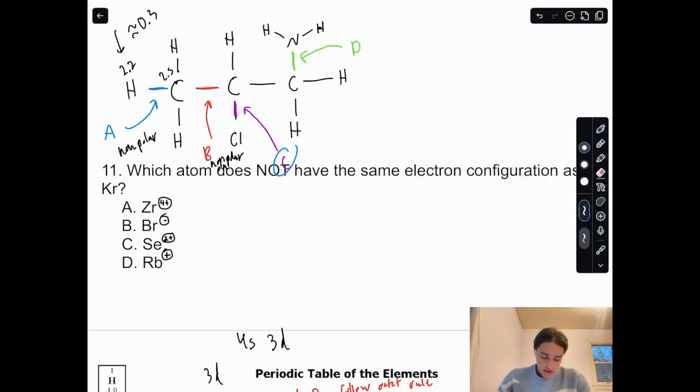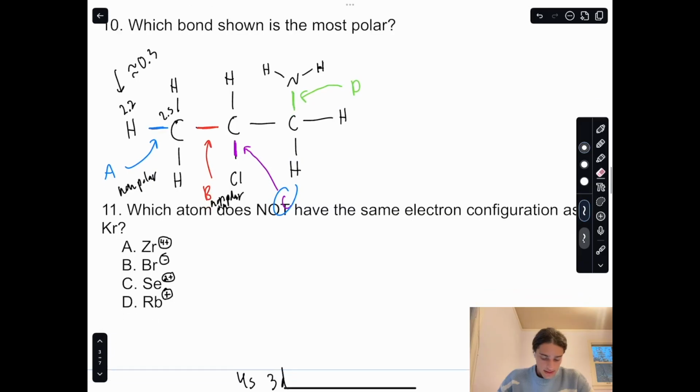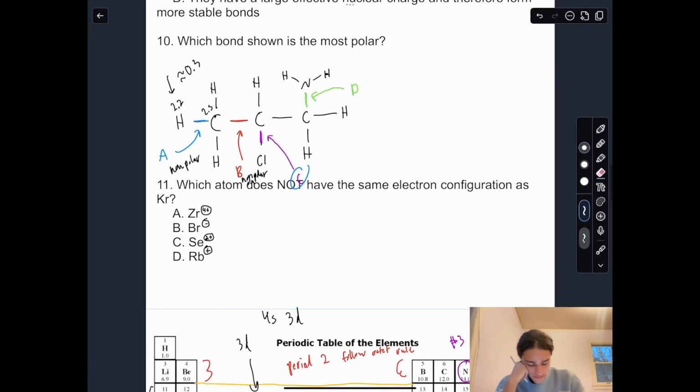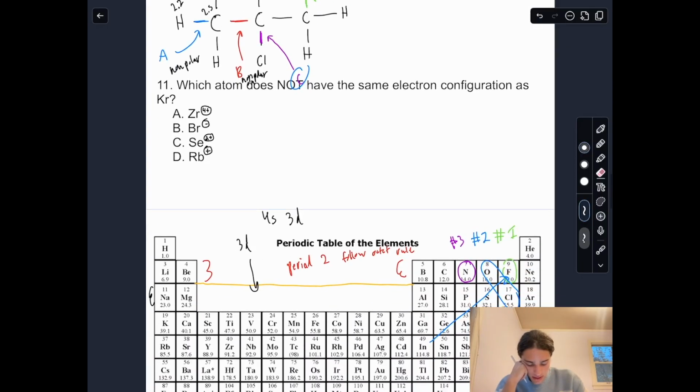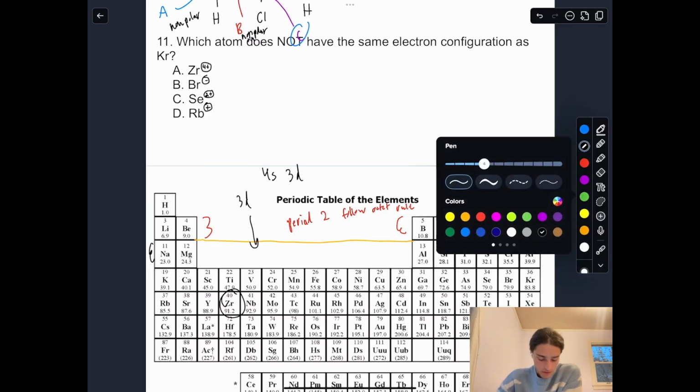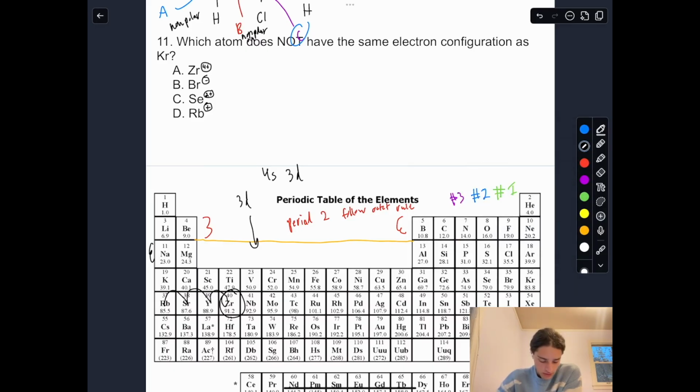All right, the next question is, which atom does not have the same electron configuration as krypton? Okay, so we would need to do the electron configurations for all of these and see which one's not right. If we look at Zr 4+, Zr is right here, and with 4+ it's lost 1, 2, 3, 4 electrons.